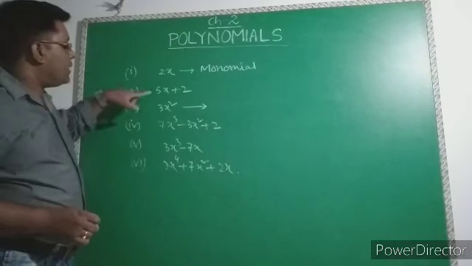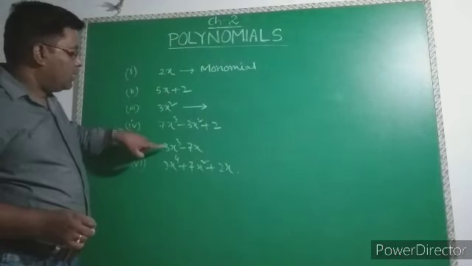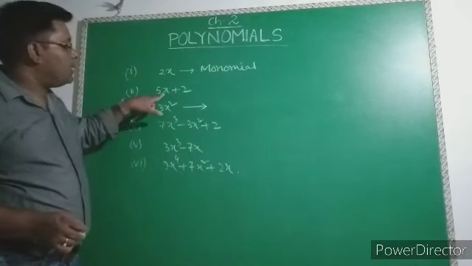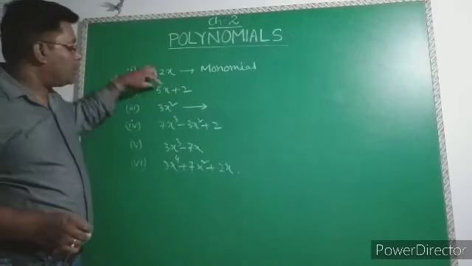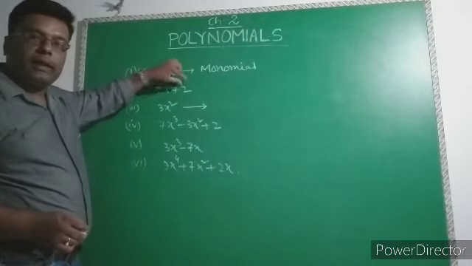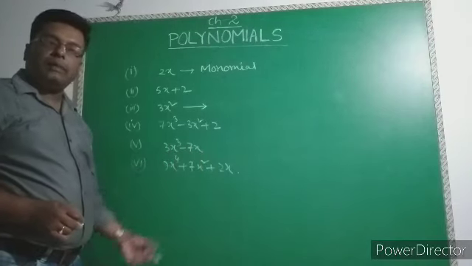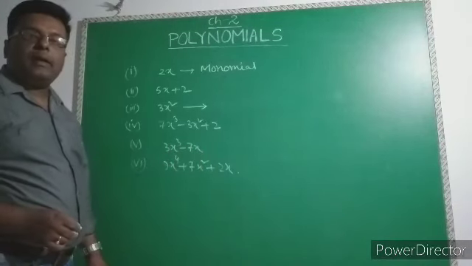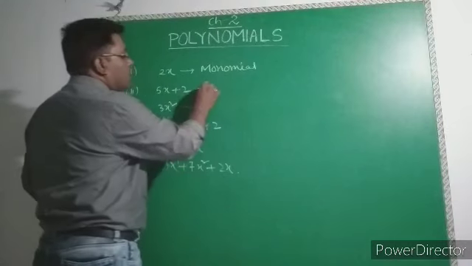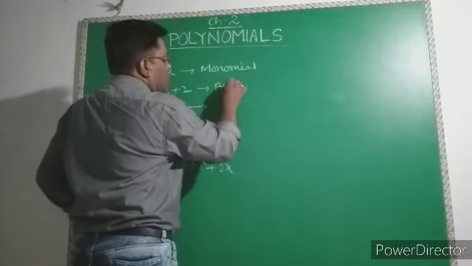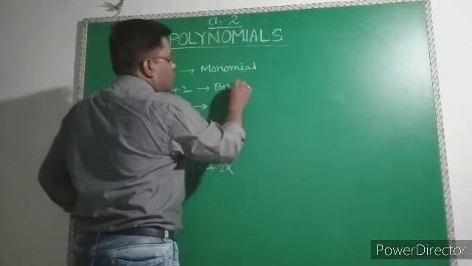Next, in some algebraic expressions there are only two terms. Suppose 5x plus 2: 5x is one term, 2 is one term. Next, 3x cube and 7x, two terms, and this type of expression is called a binomial.